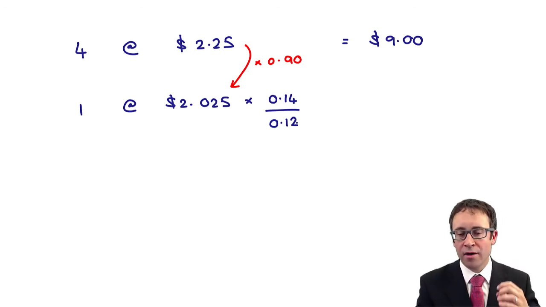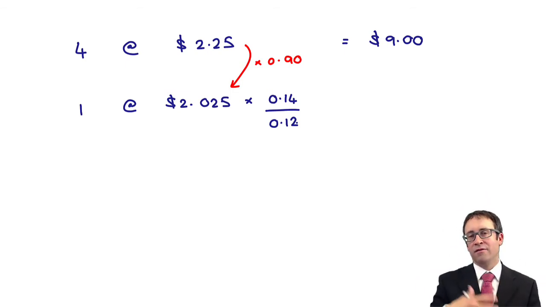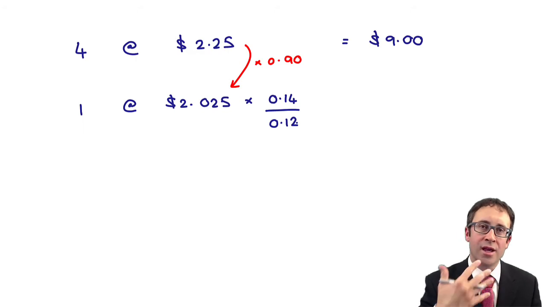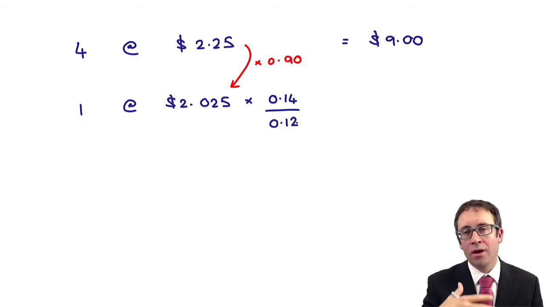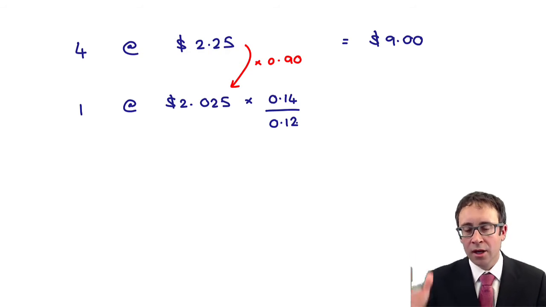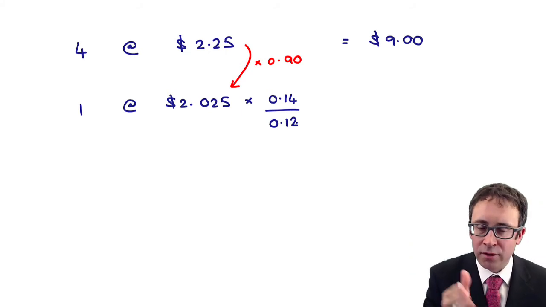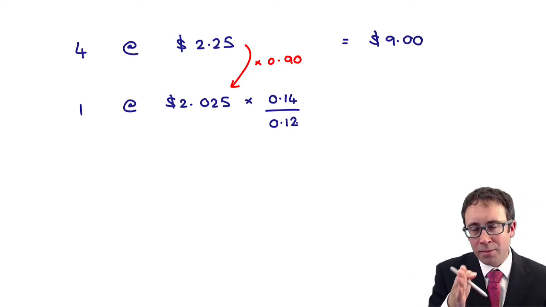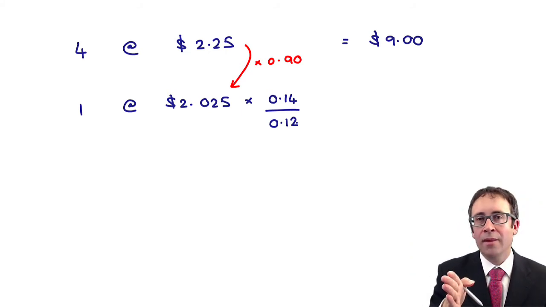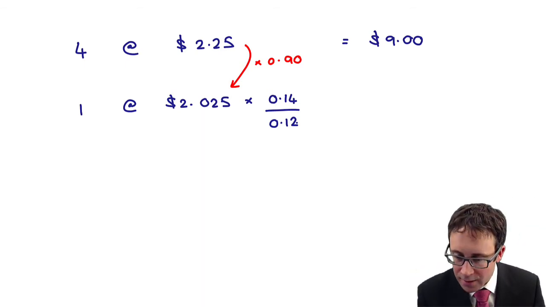So therefore that money that is invested is at $2.025. The finance raised is going to generate that little bit more at 14% compared to what it was based on 12%. So what you're effectively doing is taking the 2.025 and dividing it by 12 to work out what each percentage point earns, and then we're now getting 14 percentage points, so multiplying it by 14.